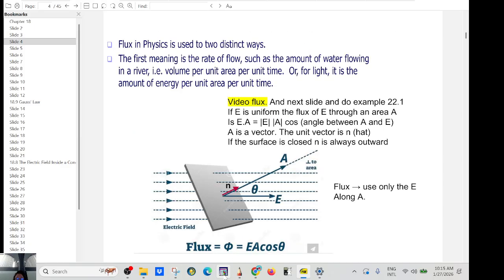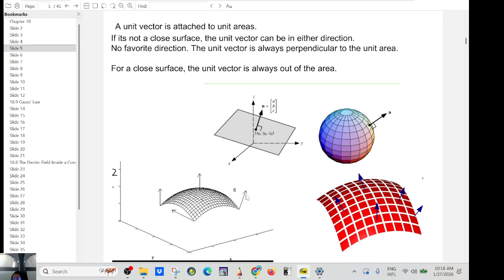So by definition, the flux going through this area will be E times A times the cosine between them. It works for any vector field. A field is when at any point in space you can define a vector. The normal vector, if it's a closed surface, will always be perpendicular to the surface, pointing out.